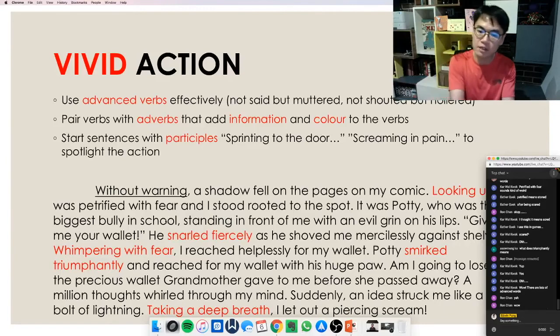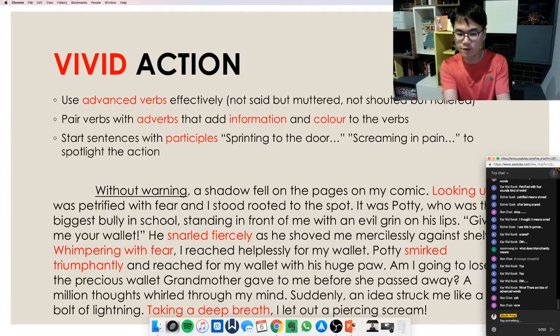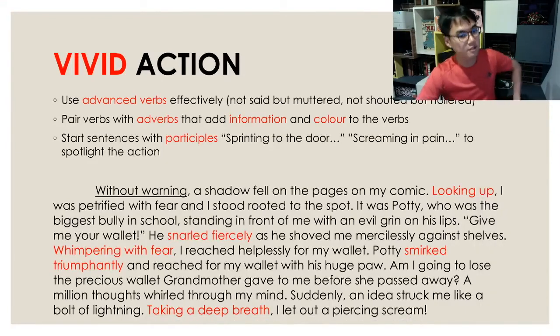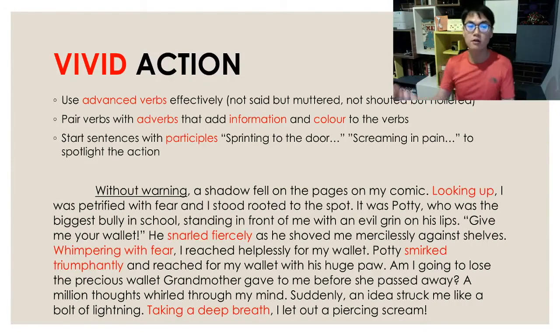And then pairing adverbs with ly right next to them so that they have even more color and detail. Okay? So what do you think? It's pretty effective, right? If you look at this, I'm sure you'll agree with me, this is a very exciting portion of story, right? Okay, now we are ready to end this story and end this video very shortly, okay?